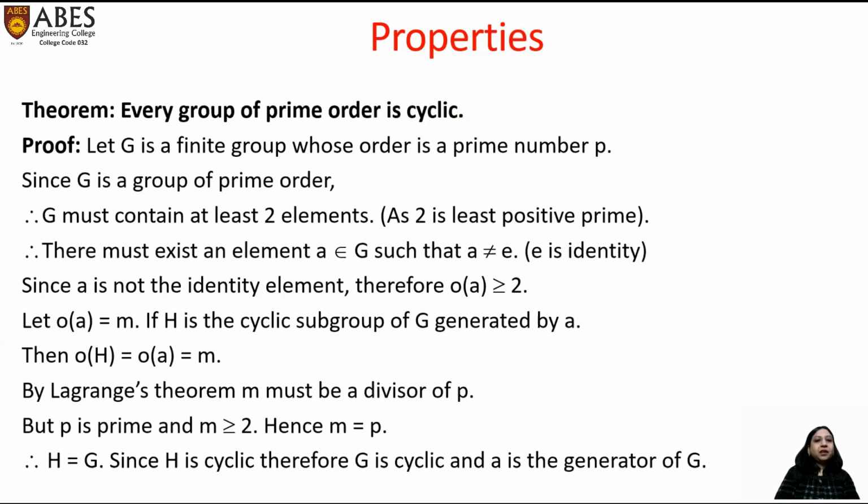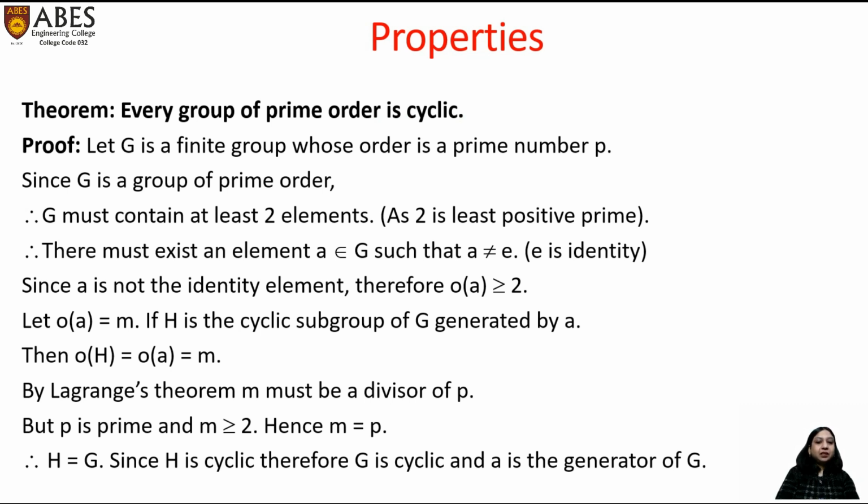Next one is every group of prime order is cyclic. G is a finite group whose order is a prime number p, so G is a group of prime order. G must contain at least two elements because 2 is the least positive prime. Then there must exist an element A which belongs to the group, and A must not be equal to the identity.